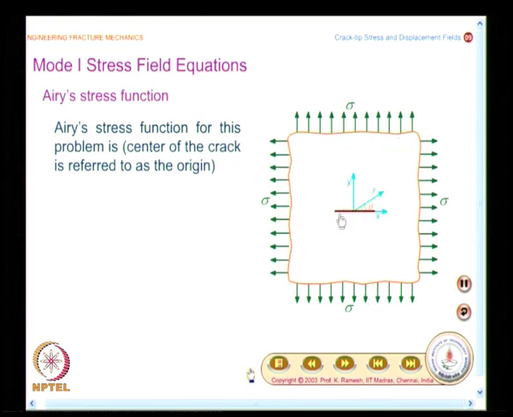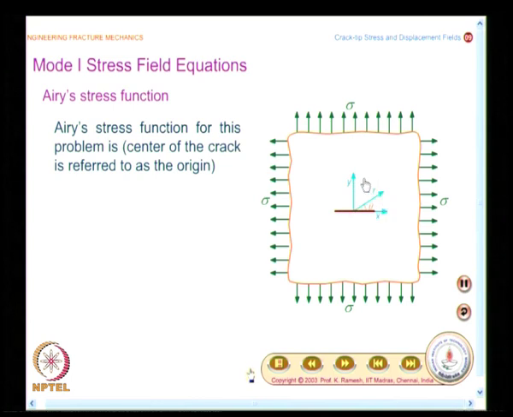And another aspect that you have to keep in mind: I have shown the central crack, and the origin is fixed at the center of the crack. I have the x axis coinciding with the crack axis, and the y axis perpendicular to that.